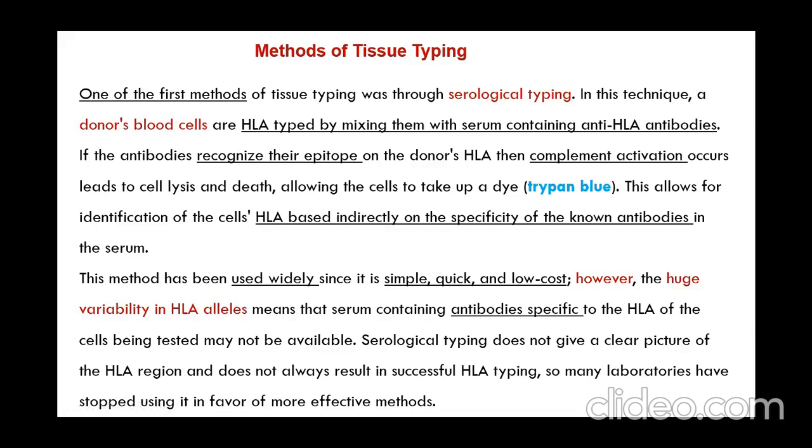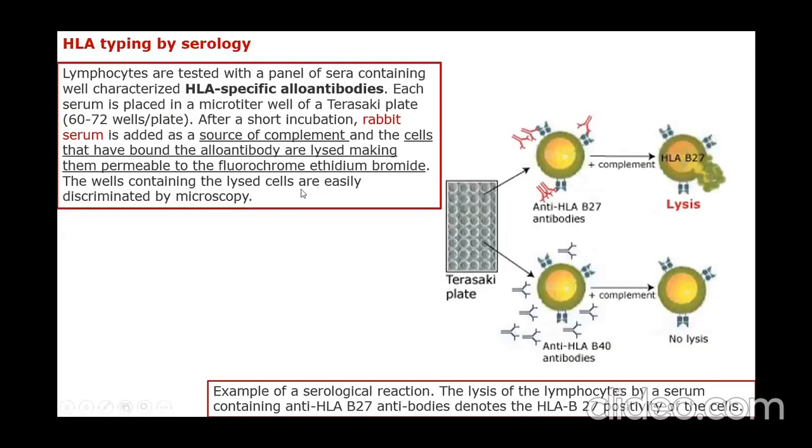You might be doing a one-year study because you need to go for highly polymorphic alleles, highly variable. Meanwhile, the recipient may die. He needs the transplantation in one week. So how do you go about that? How do you use the same old serological technique? There are some advances in terms of genotyping, in terms of molecular biology. We will see if time permits in today's class.